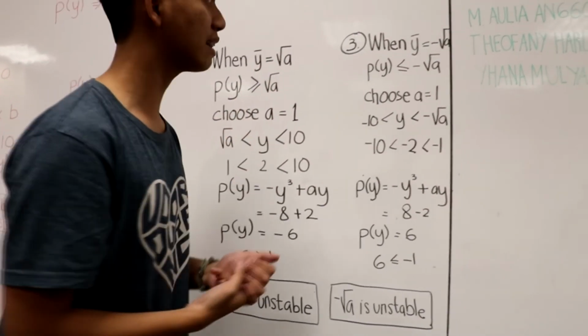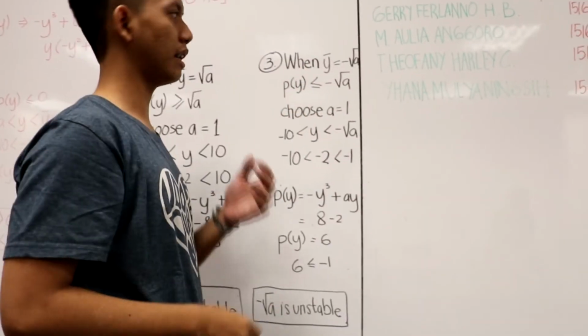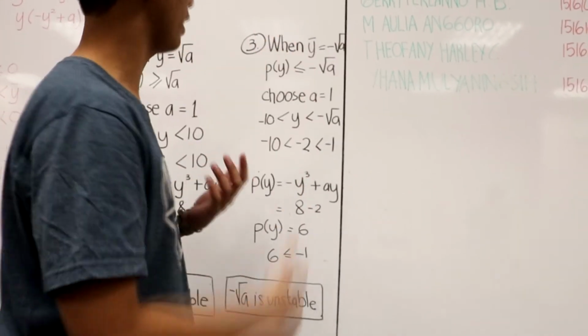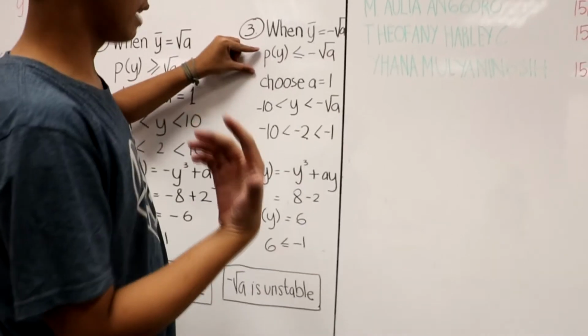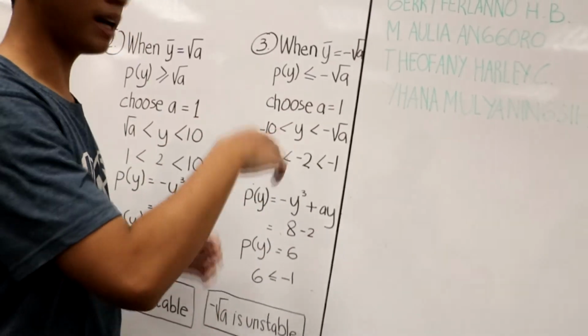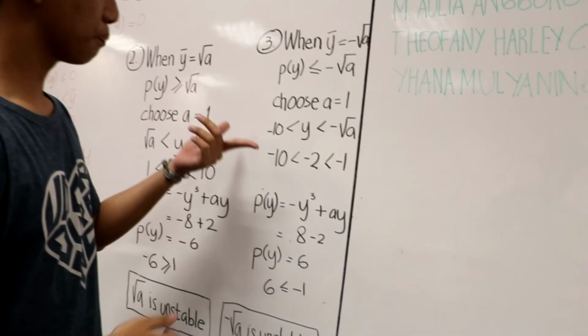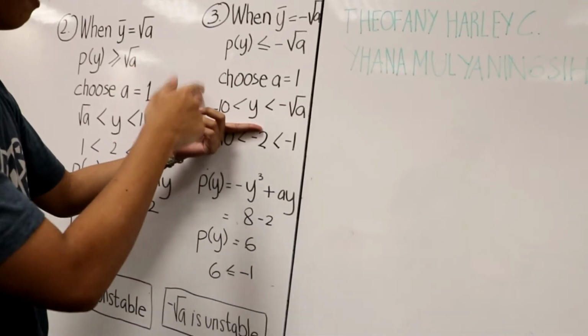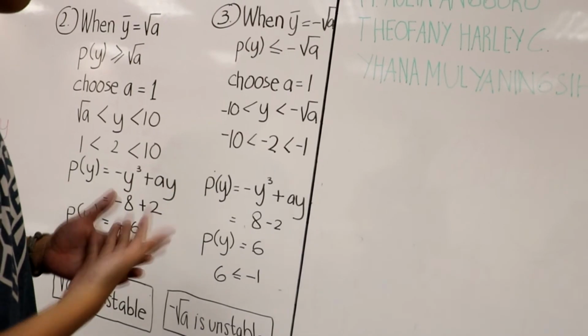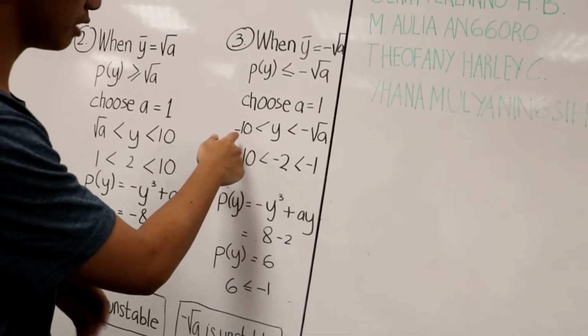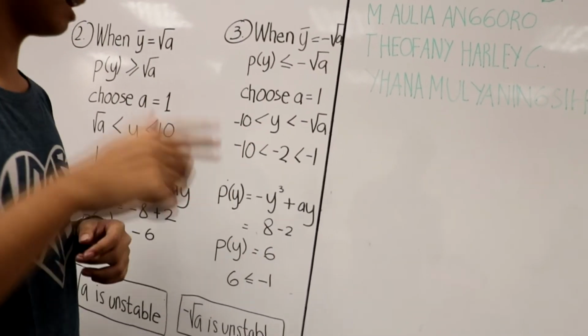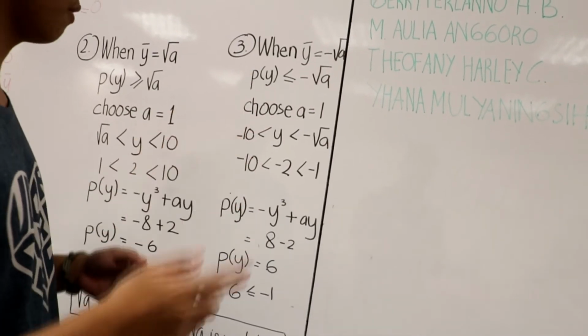And the last case, when y is minus square root of a, we decide phi is less than minus square root of a. First, we choose a as 1, and we derive this formula from the general form, which is minus 10 less than y less than minus square root of a.